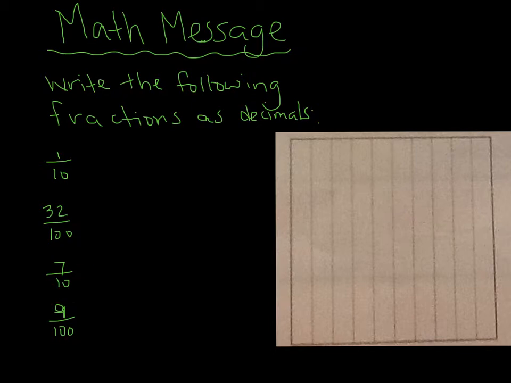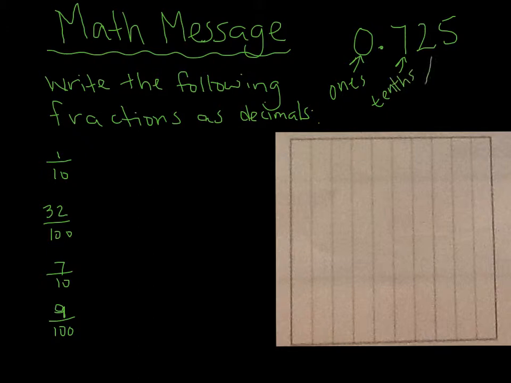But just to review before we start, we know if we have a number like 0.725, the 0 is in our ones place, the 7 is in our tenths, the 2 is in our hundredths, and the 5 is in our thousandths. So keep that in mind as you're writing out the decimals.